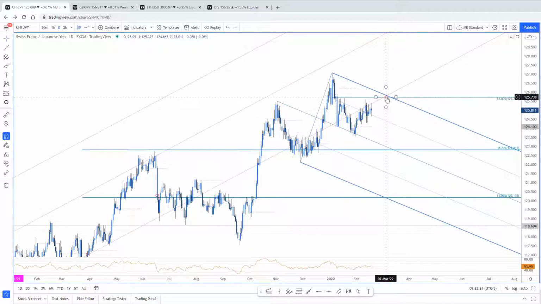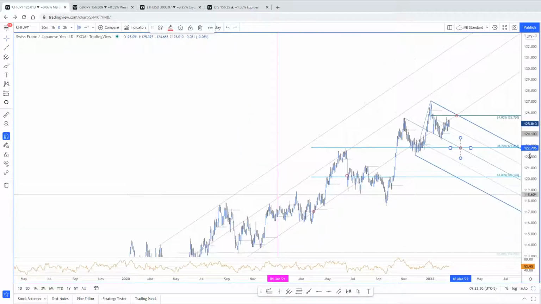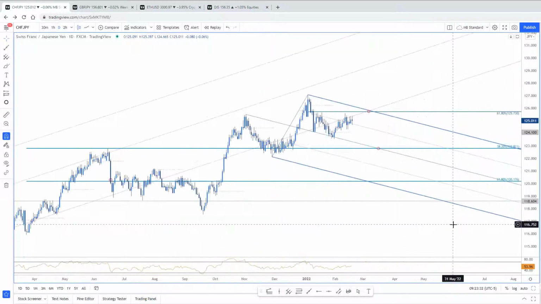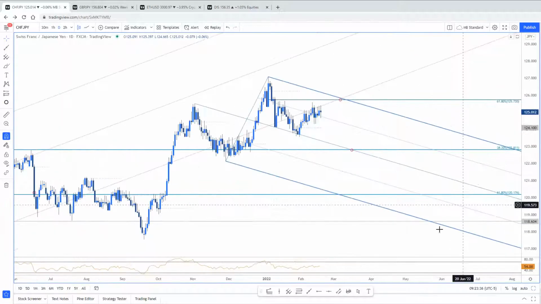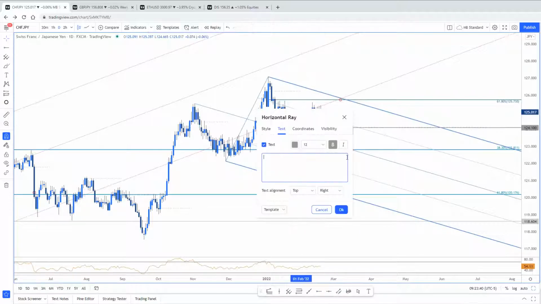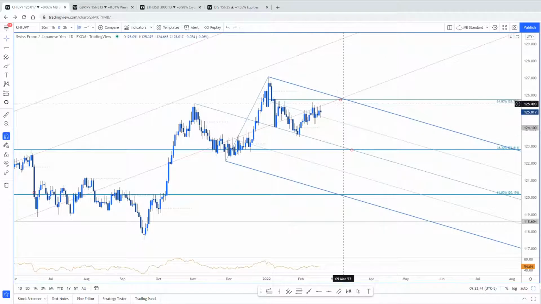And on the downside, that's a basic 38.2 from the advance off the lows that you made last year. Monthly open support. Oh, what's on there already? 124.10.